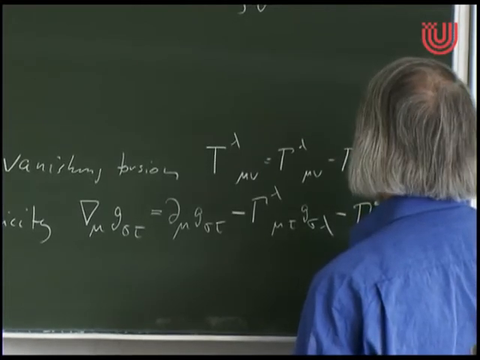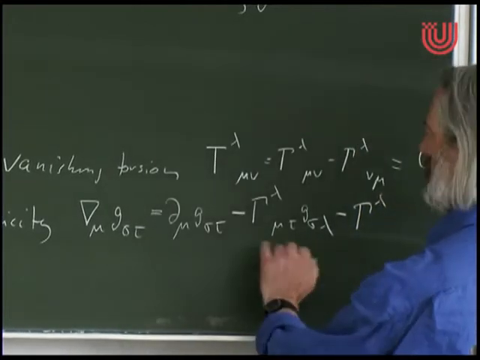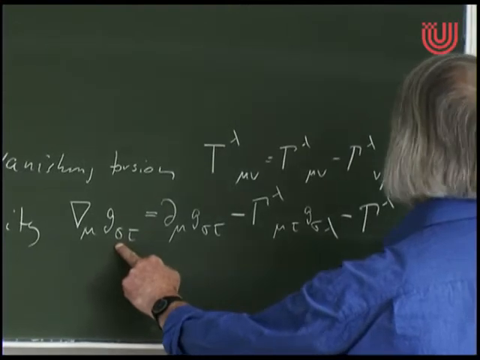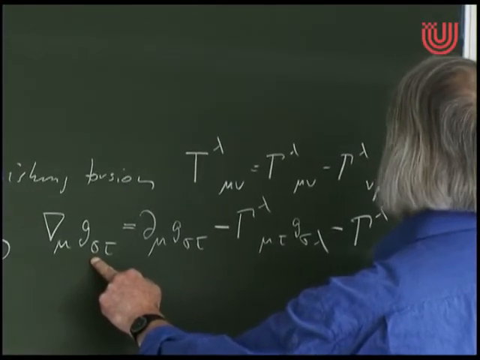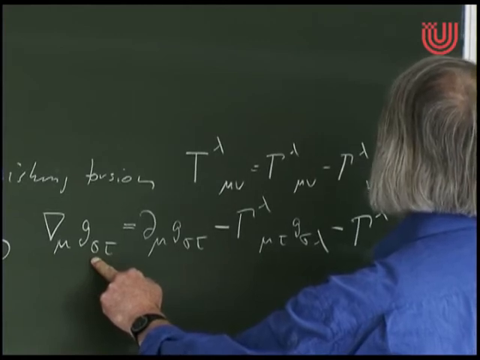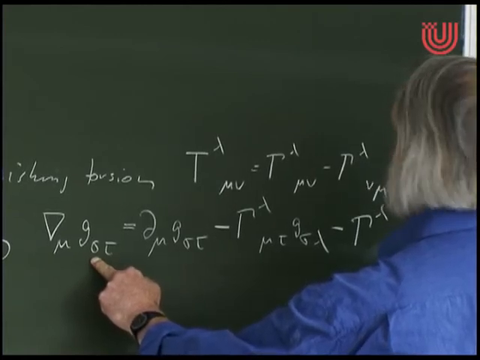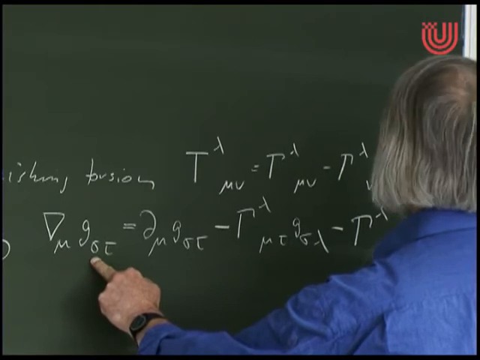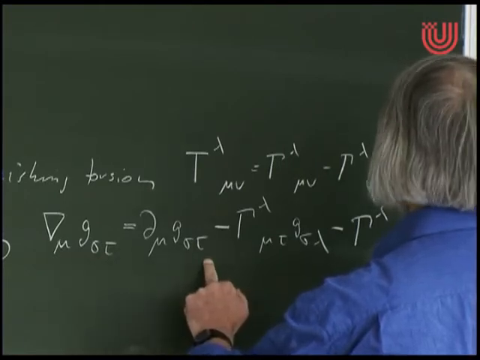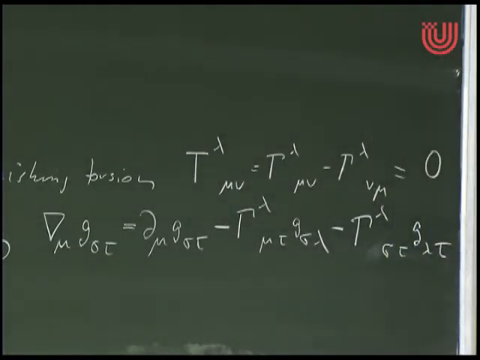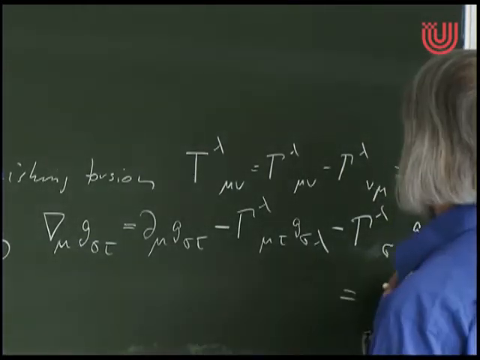Minus gamma lambda, and I now do it for the other index, for the sigma. So I get the sigma here on the gamma. Sigma tau g. The sigma becomes a lambda, and the summation and the other index is the tau, right? So that's it. And this is also supposed to be 0.